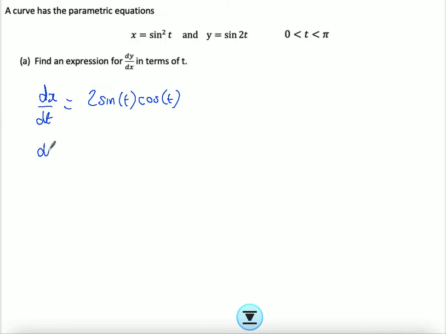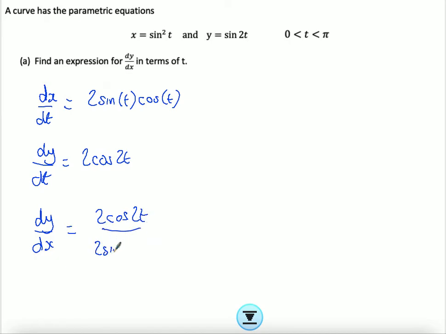And then dy by dt is 2 cos 2t, again using that chain rule. So dy by dx is going to be 2 cos 2t over 2 sine t cos t.